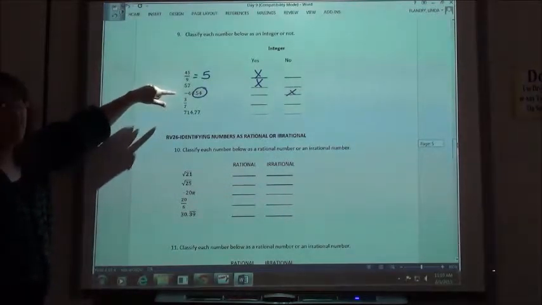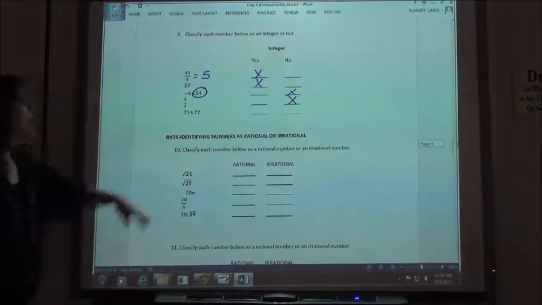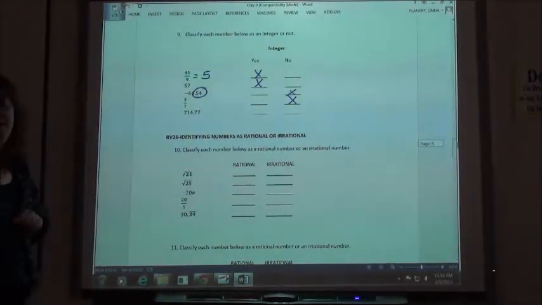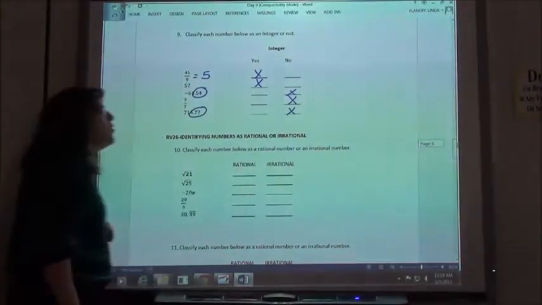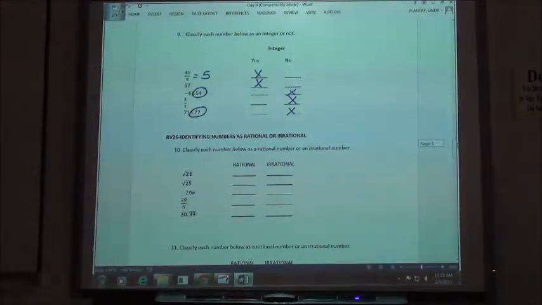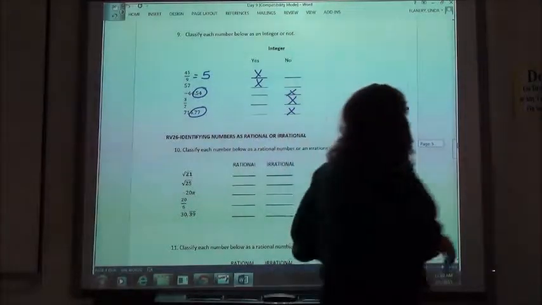Well, 7 doesn't divide into 3, so nope, it's not going to be an integer. And 714 and 77/100 again has the decimal on the end, not going to be an integer. So integer means you could have a positive whole number, a negative whole number, or it might be 0. 0 is still an integer.